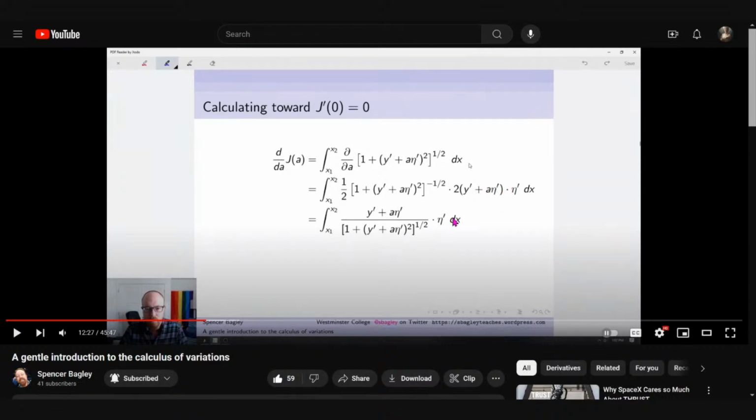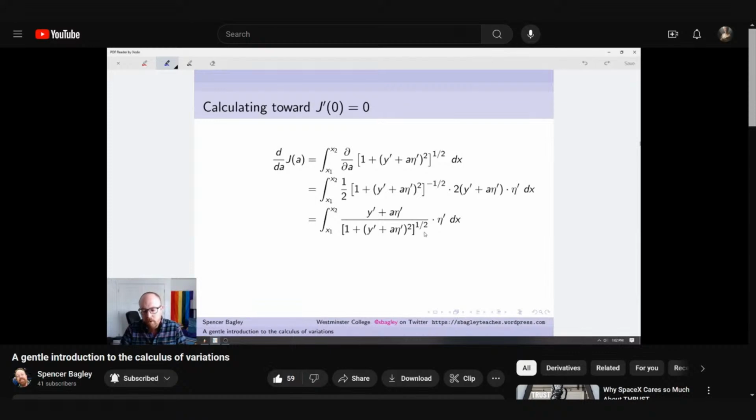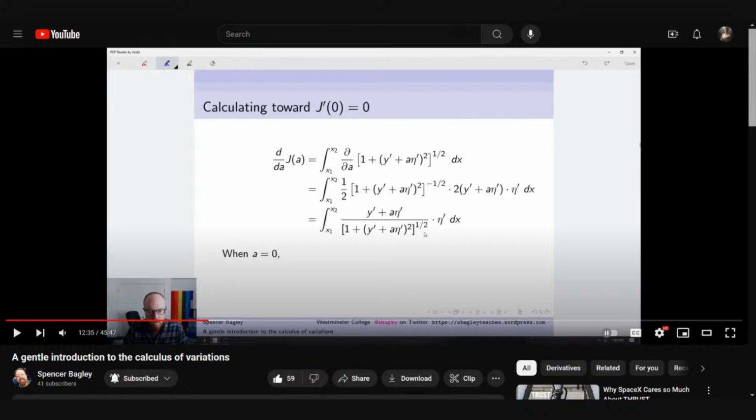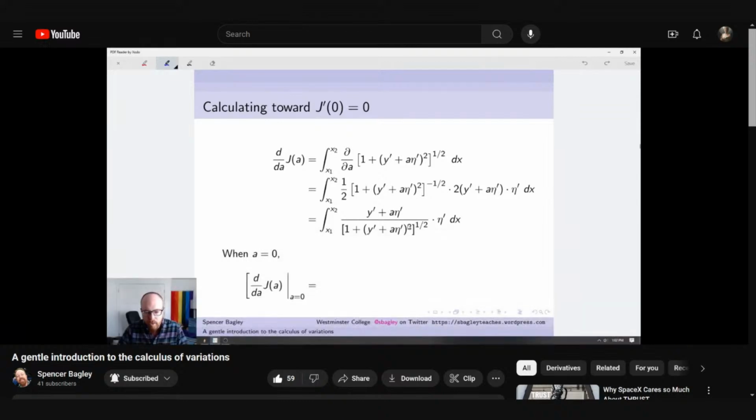Eta prime is on the right. And the negative 1/2 goes downstairs and becomes positive 1/2. That's fine. Here's what I get. And now I want to think of this when a equals 0, right? Oh, very good. So just plug in a equals 0, no? And so I'm thinking of evaluating the derivative at the point a equals 0.